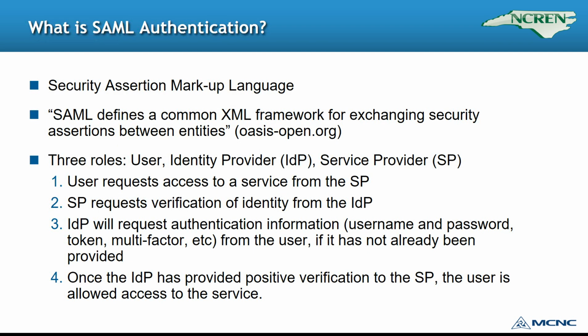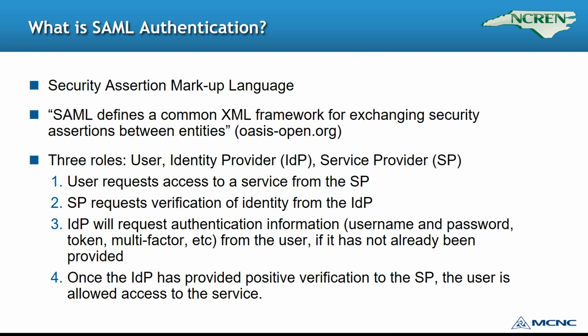So SAML stands for Security Assertion Markup Language, and according to oasisopen.org, is defined as a common XML framework for exchanging security assertions between entities. So what it boils down to is you have a user, an identity provider, and a service provider. Your user will request access to a specific service through the service provider.